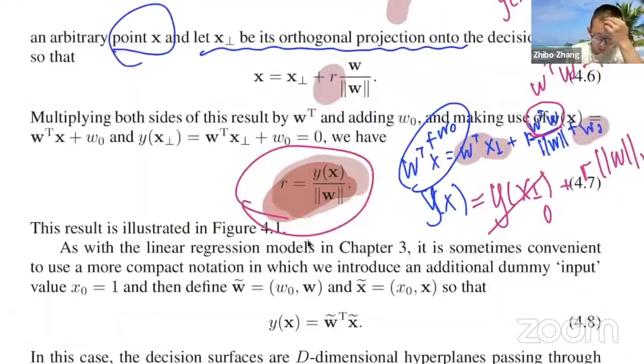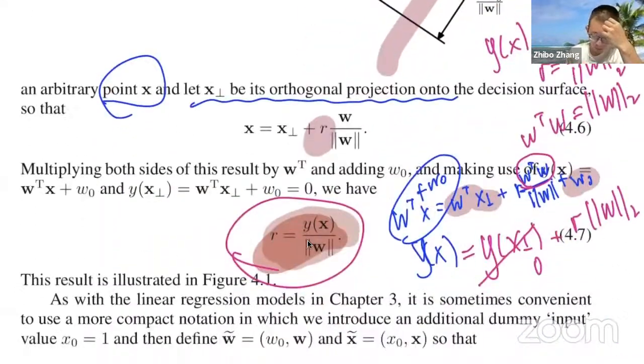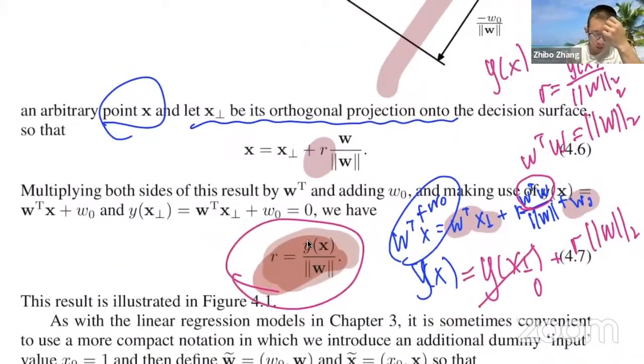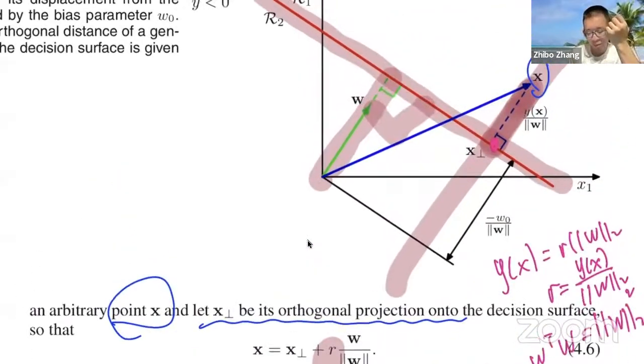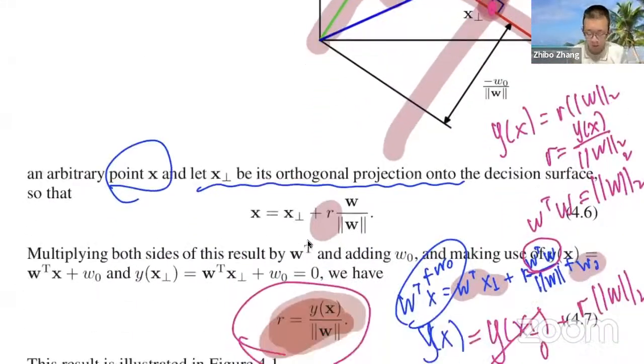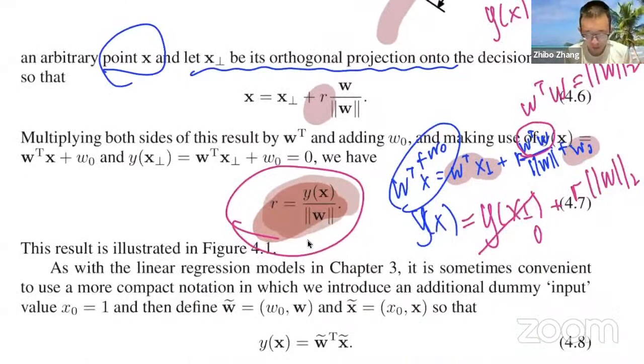So now we have derived what the length should be between x and x orthogonal. It's exactly y(x) divided by the norm of W. The norm of W could be the simple L2 norm.